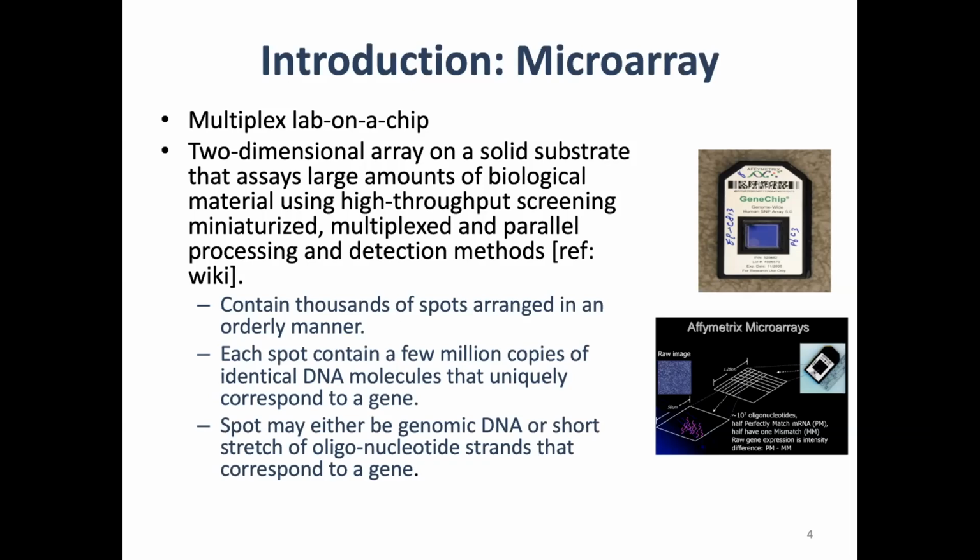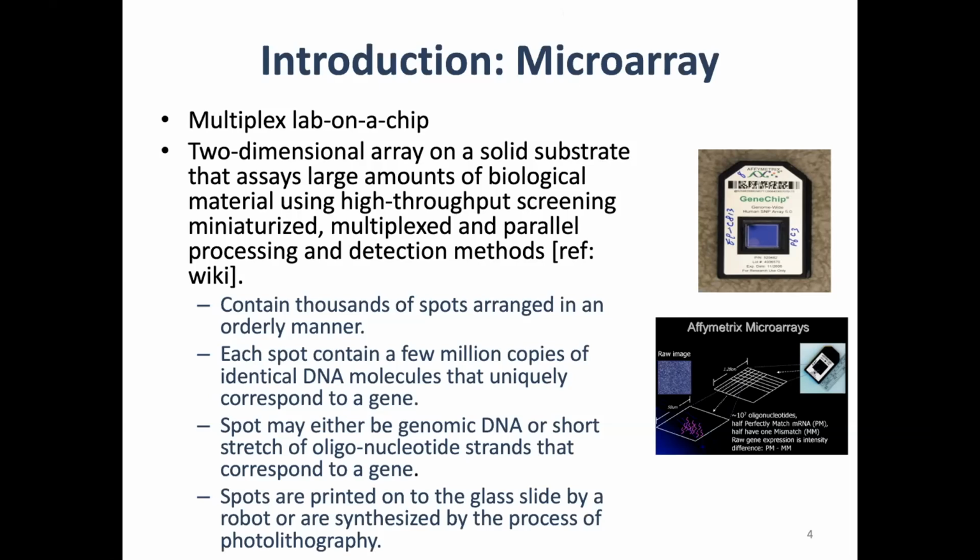Spots may be either genomic DNA or short stretches of oligonucleotide strands that correspond to a gene. These oligos or molecules are printed on glass slides by a robot, or they could be synthesized by a process called photolithography. Photolithography is a Greek word, right? You may have heard this word many times.